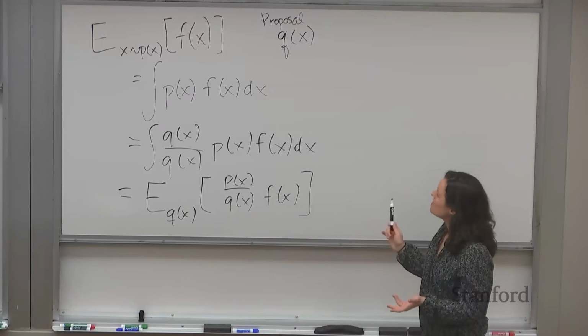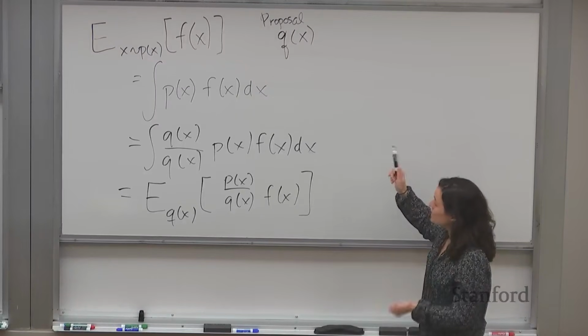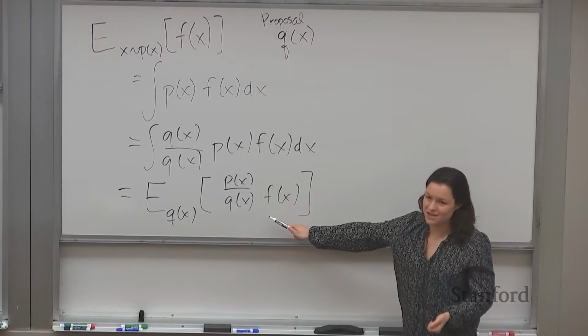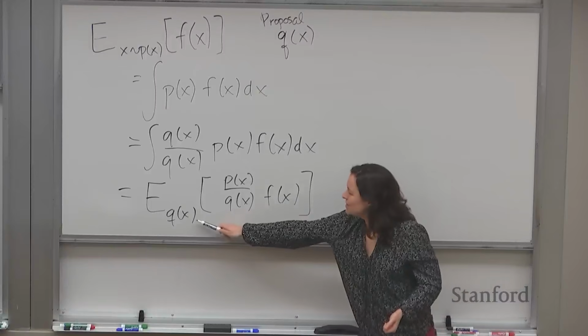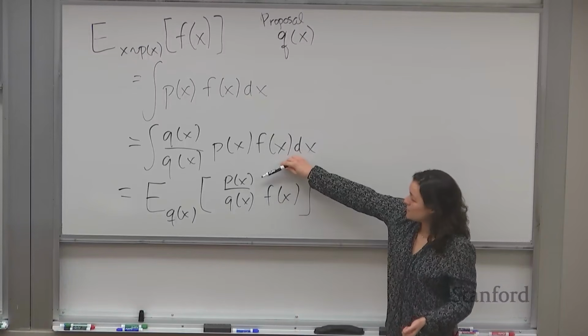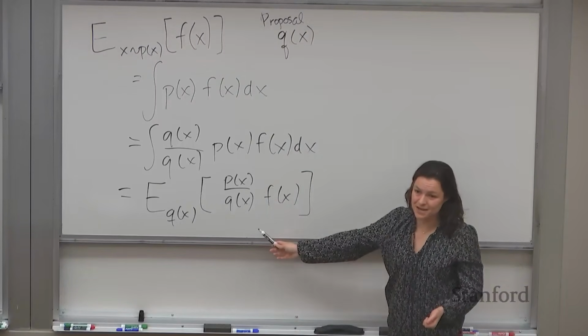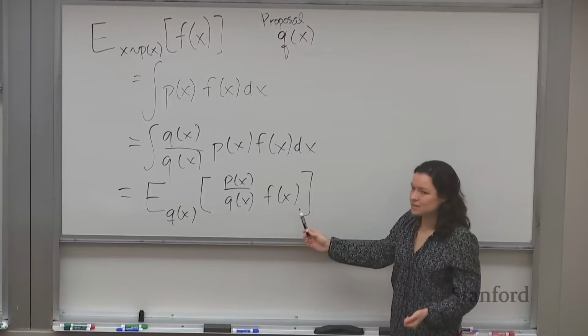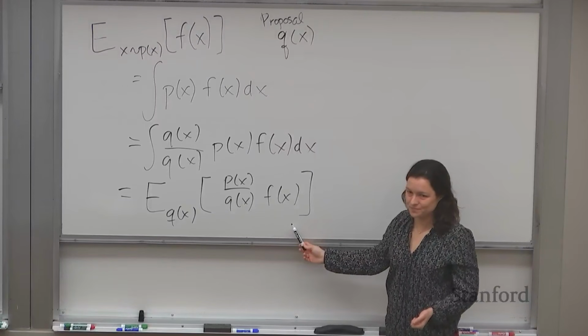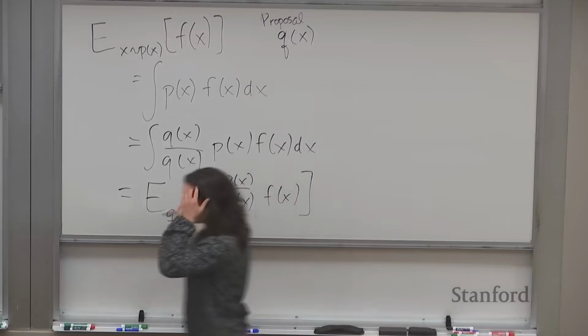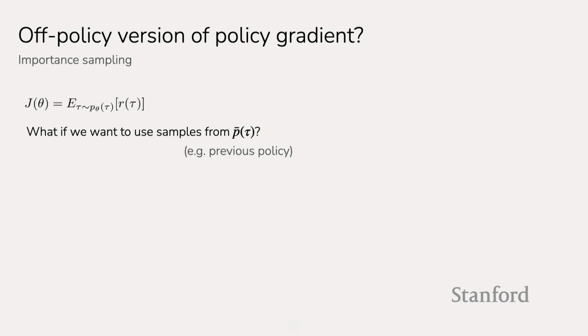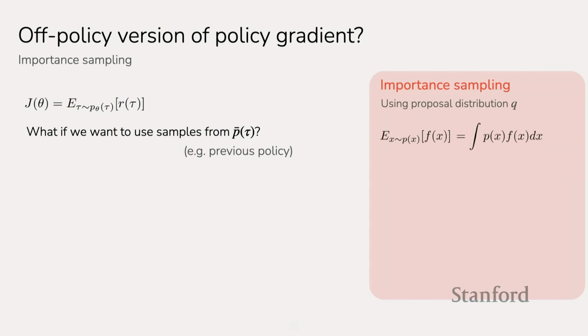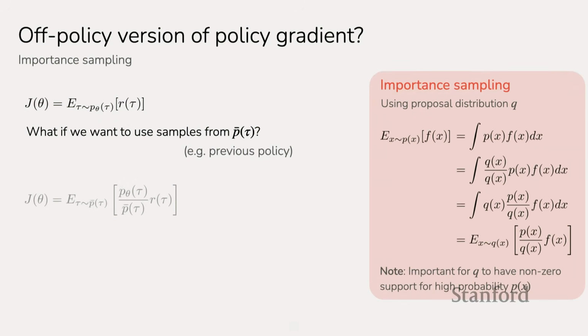So that's pretty cool. This means that we can use, in principle, samples from our old policy, Q, weight them by the probability of the sample under our new policy divided by the probability under the old policy, times the quantity. We showed this for the simple case of P of X and Q of X. In terms of applying this to our policy, we can take our expected rewards with regard to P of theta.